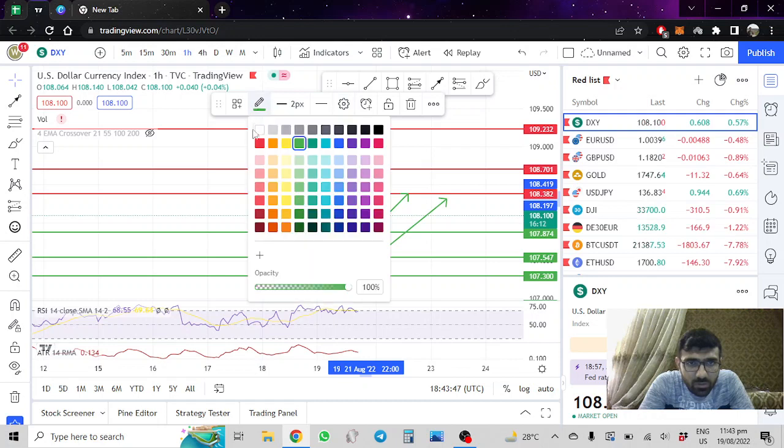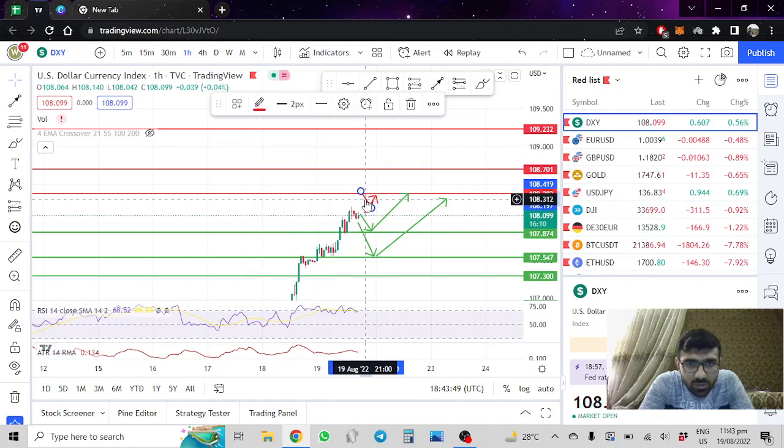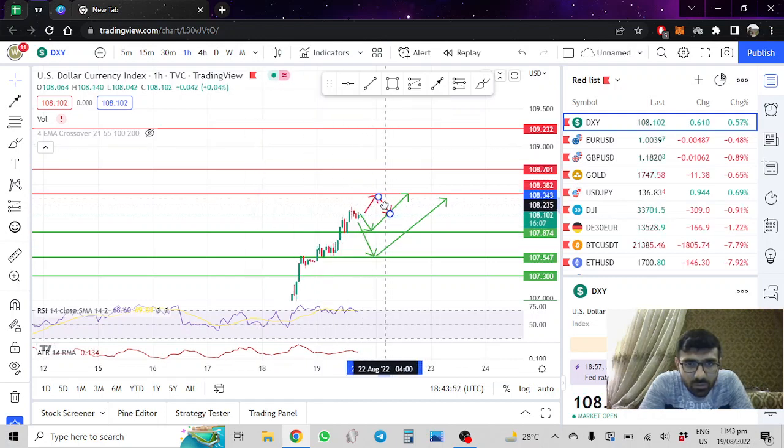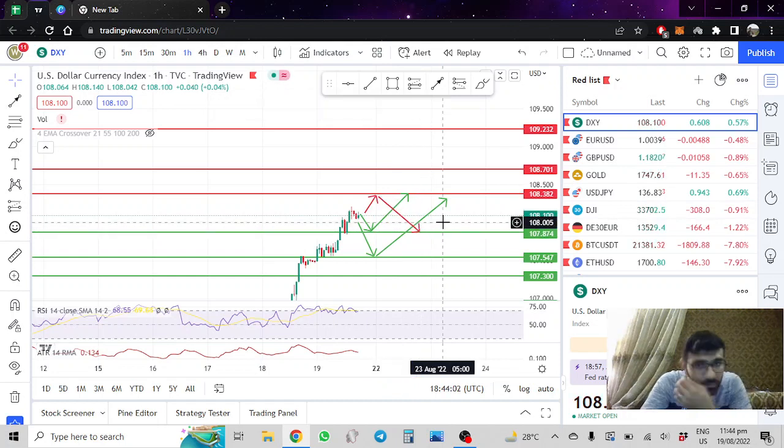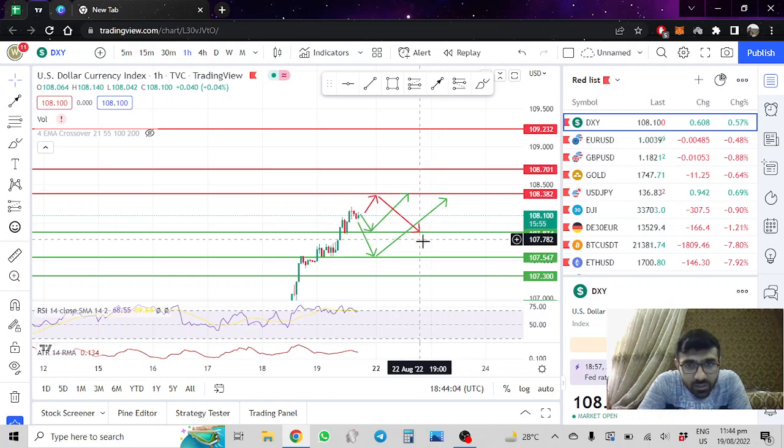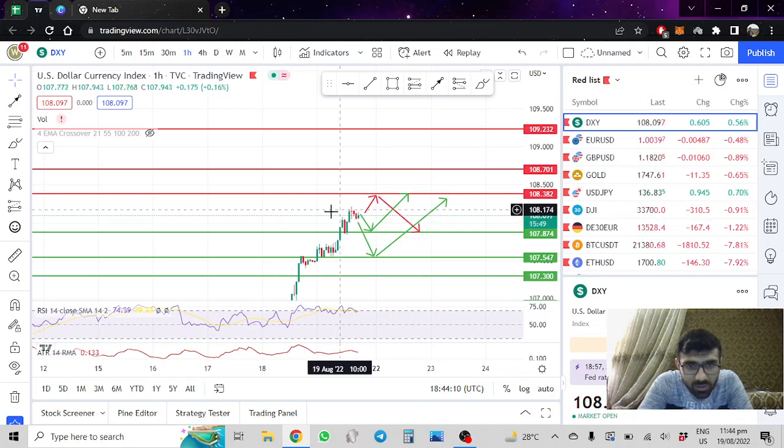Something like this. If the market goes here and closes down, then maybe the market is going to test this area. But just keep in mind that the market might test this area and give us a buying opportunity, so just be careful on this.